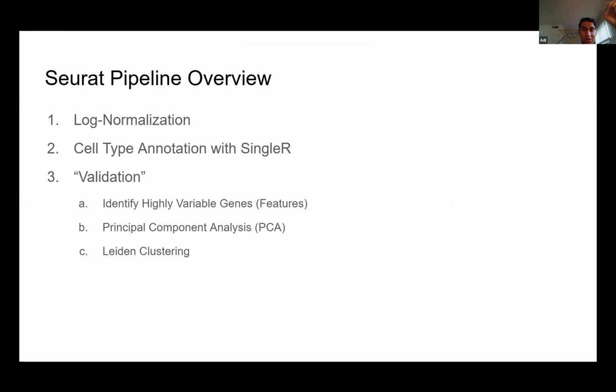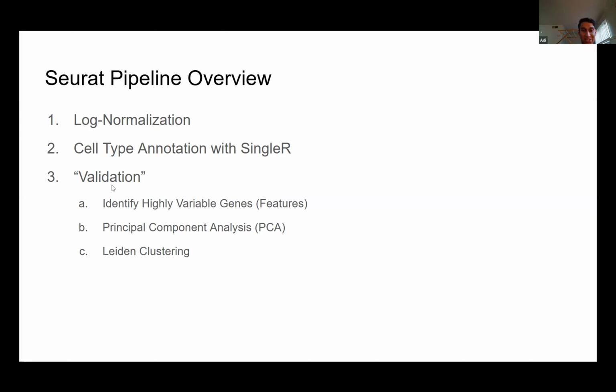You could use log normalization, and then there's a tool, SingleR, which does cell type annotation based on the log normalized and scaled expression values. It uses probabilities based on how well each cell's expression profile matches a reference database, and this will be used for the annotation. This is sort of automatic.